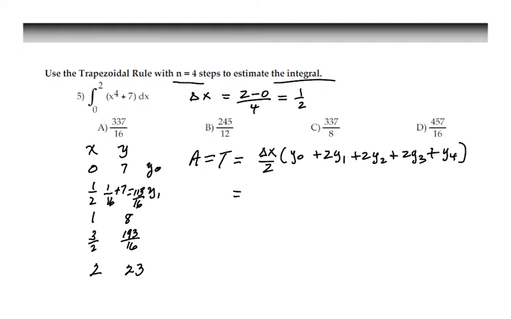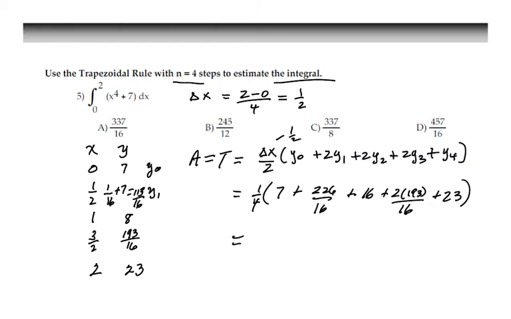So plugging in, delta x is 1/2 divided by 2, which would give you 1/4 times 7 plus 2y1, which would be 226/16. 2y2 would be 2 times 8, which is 16. 2y3 would be 2 times 193/16. And then finally y4 is 23.